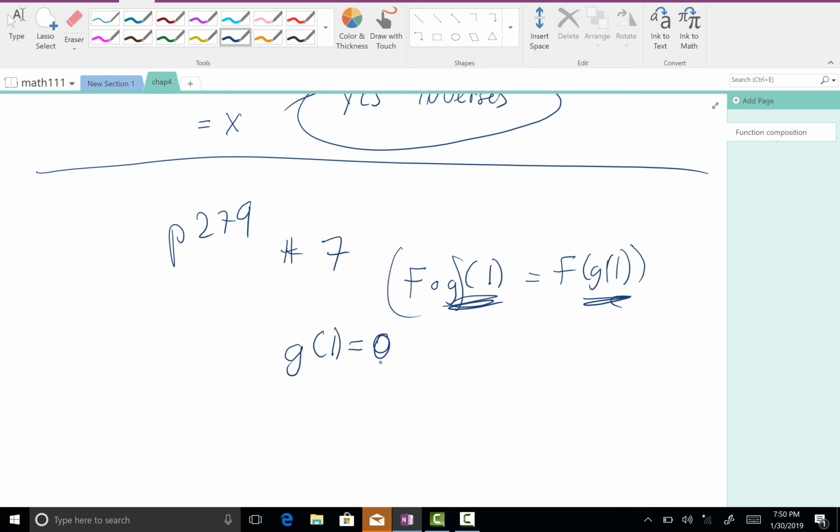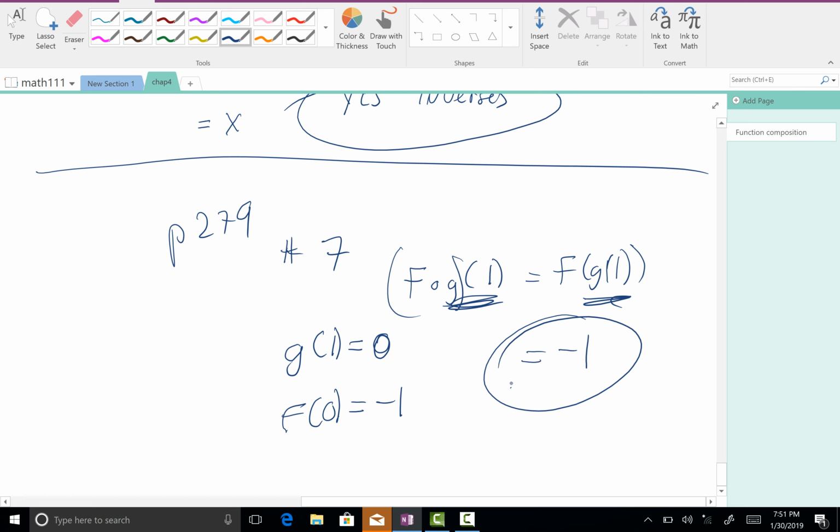Because I go to 1, spits out a 0, and now I go to 0. So I go to 0 on the x, okay? And now I go down to the f function and see what it says. So what does it say the f function is at 0? -1. So there's my answer, okay? So f of g of 1 is equal to -1, and that's how you do that.